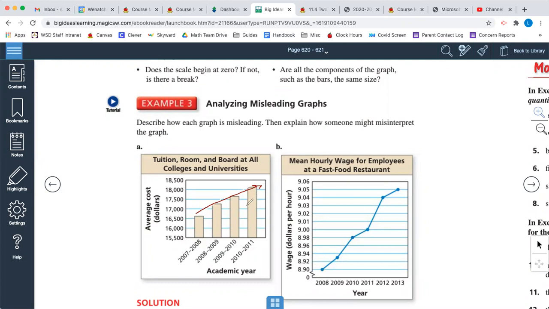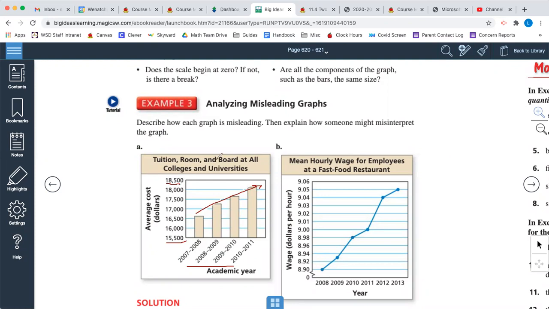Now, let's look at the sides of these, so the labels on each axis. So this one, the bottom axis just gives years, and that looks fine. On the left axis, though, as you can see, the number we actually start with is not 0. We actually start with 15,500, and the final number is 18,500.